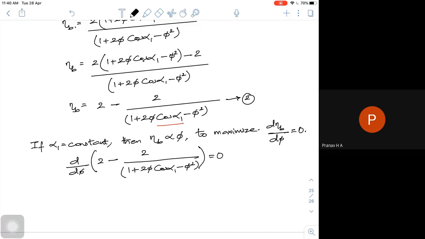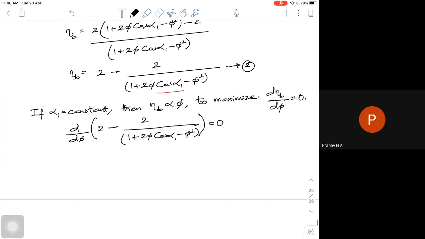Fine. Now if I differentiate it, the first part will simply go off. I'm left with only the bottom part, only the 2 phi: 2 cos alpha 1 minus 2 phi is equal to 0. We have got a similar condition for work done also.